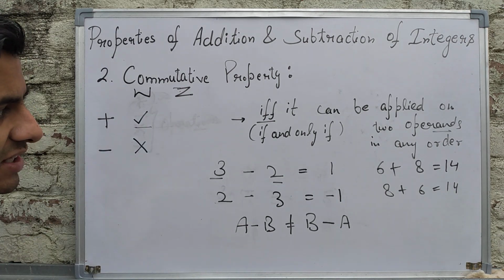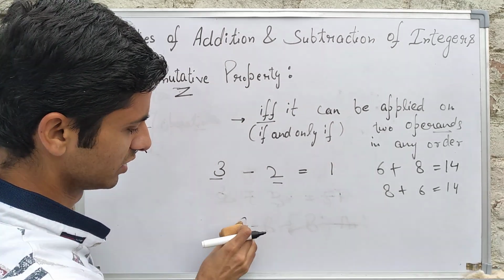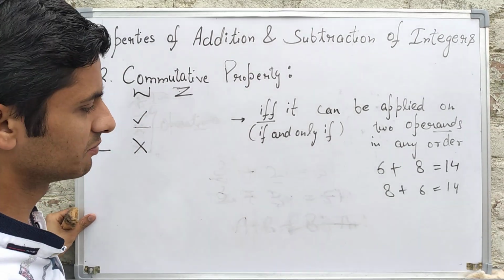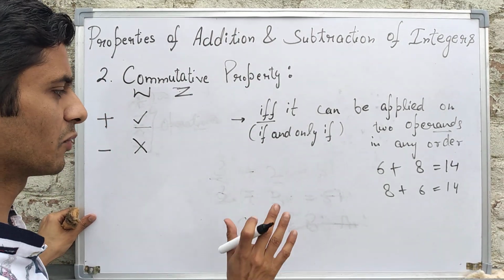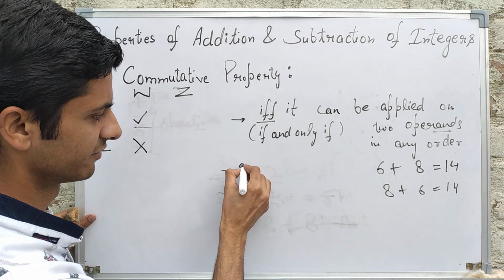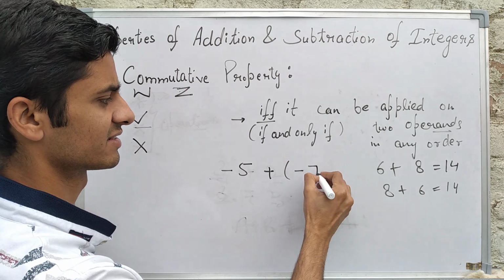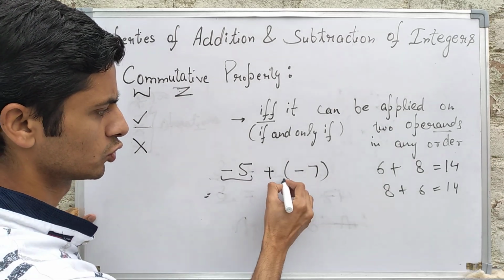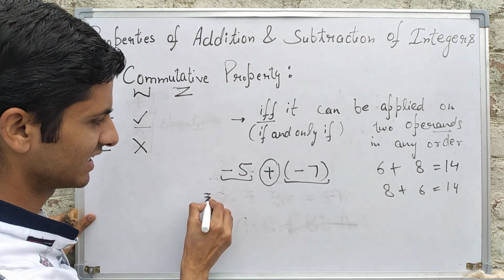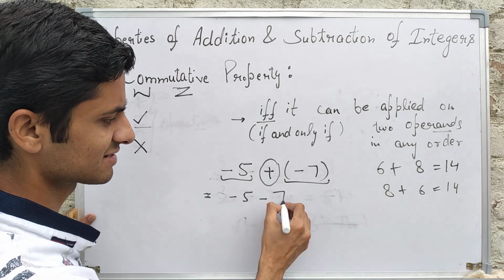Now let us check for integers. Let us take two integers and try to add them. Although whole numbers are also integers, let us take both negative numbers. Let us take -5 plus -7.